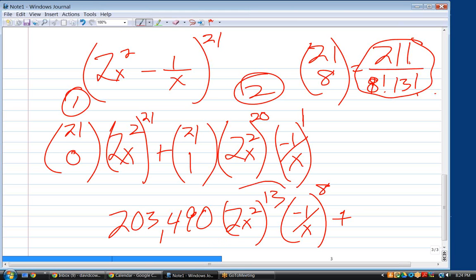Now let's simplify this part. How can I write that? For the moment, let's just write it as an exponential. 2 to the 13th times x to the what?